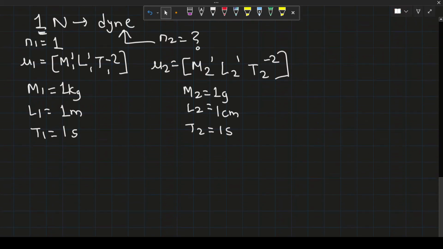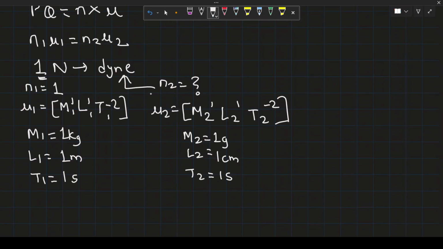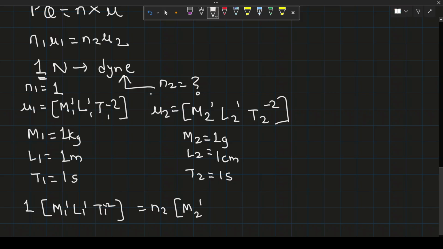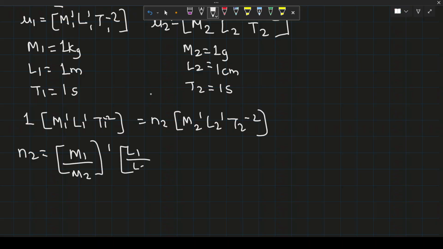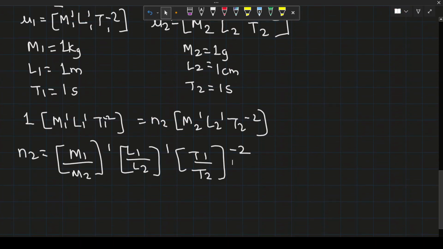Now we'll use this n1 u1 is equals to n2 u2. So n1 u1 is equals to n2 u2. Here the value of n2 would be M1 by M2 raised to 1, L1 by L2 raised to 1, and T1 by T2 raised to minus 2. Now putting all the values which we wrote previously.